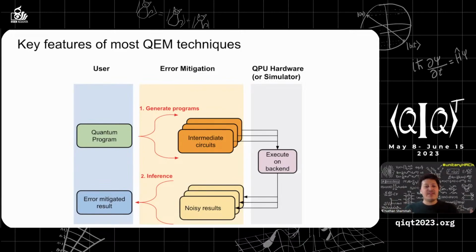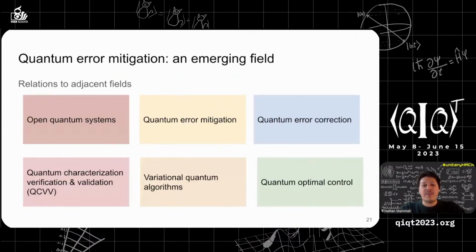And then, given that there are many quantum programs that are all different, sent to the machine, there are also different noisy results, and adopting some inference techniques that are generally completely classical and decoupled in application to the first part of quantum error mitigation, which is the quantum sampling, allow a user to obtain an error mitigated result. So this is quite a general framework that applies to most quantum error mitigation approaches.